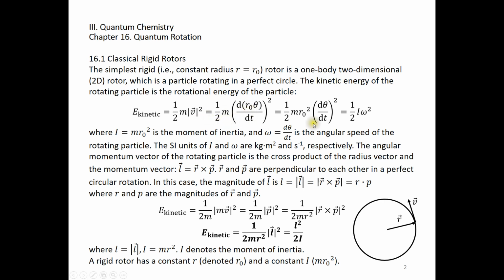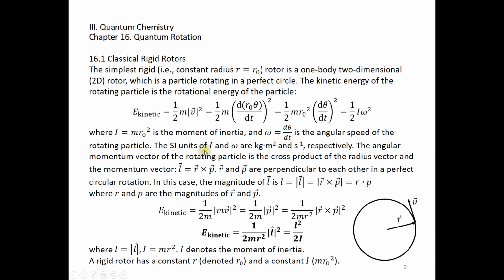Therefore, the kinetic energy is equal to half m r0 squared times d theta over dt, squared. m r0 squared is the moment of inertia of this rotating particle, denoted by I. d theta over dt is the angular speed of the rotating particle, denoted by the Greek letter omega.